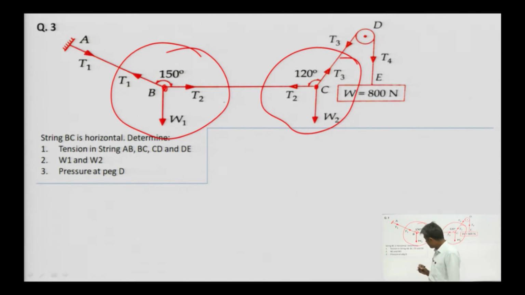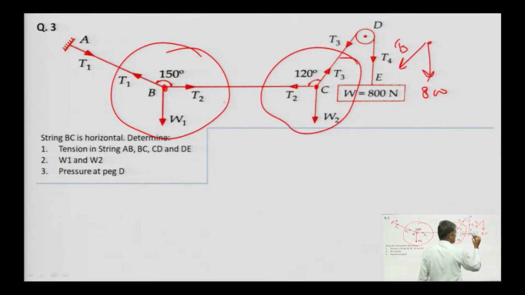the vertical forces at these points, and next we need to find out the pressure at this pulley. What is the meaning of the pressure at point D? At point D, the free body diagram will have T3, then the components of the force along the horizontal direction sigma Fx and sigma Fy.